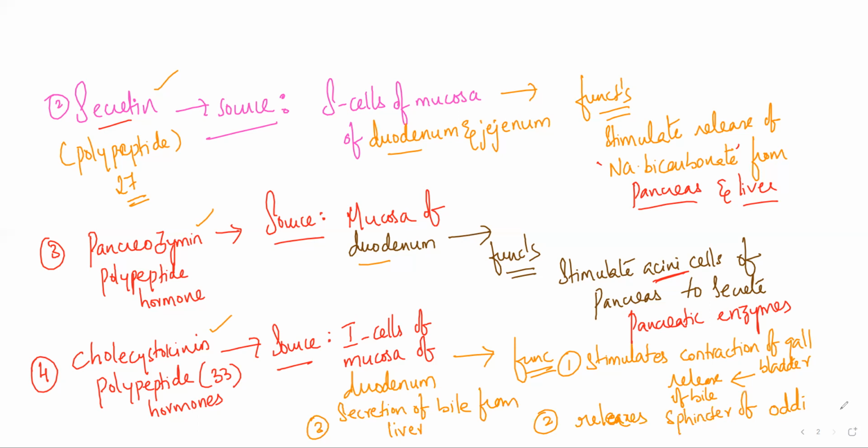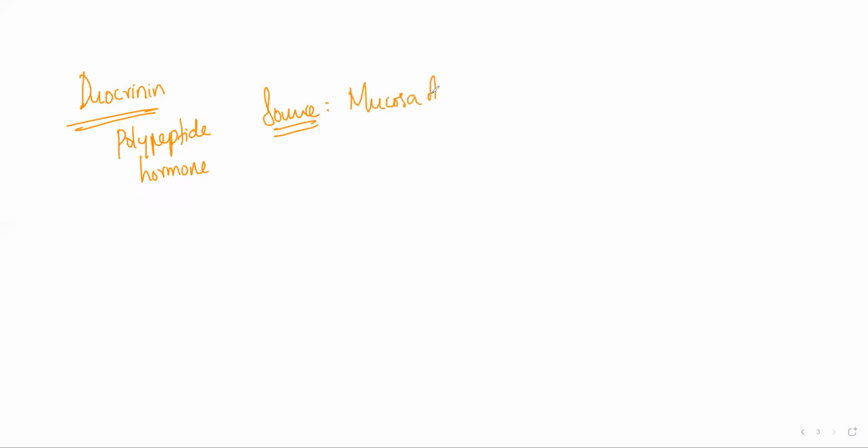And next, coming on to children, the other one that I would like to speak about is the duocrinin, another polypeptide gastrointestinal hormone. This is going to be secreted by the mucosa of the duodenum again.